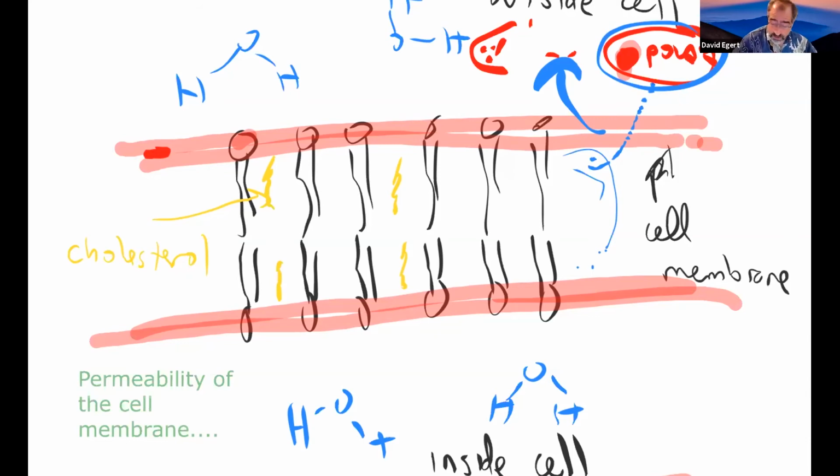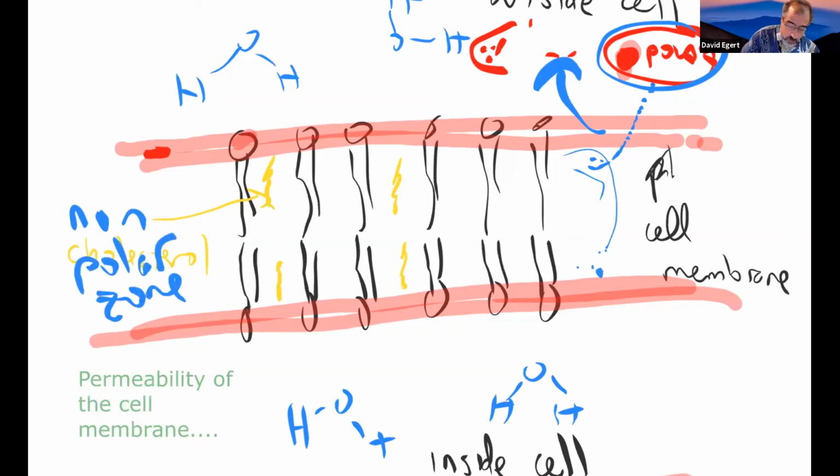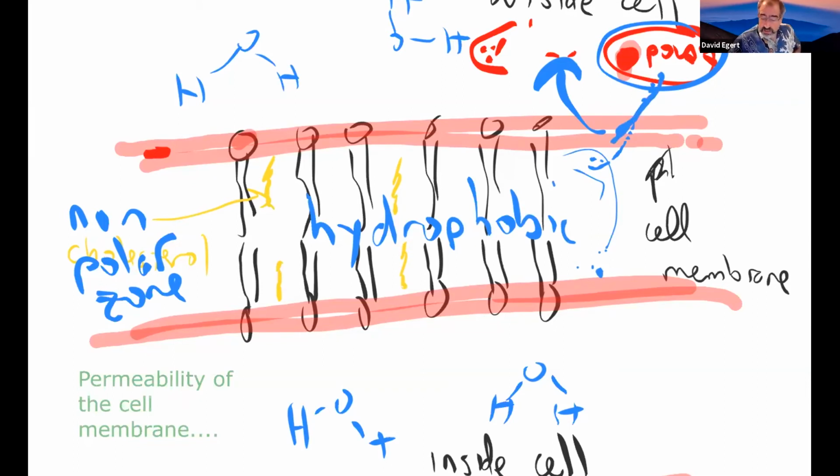When they get up to the membrane, there is this non-polar zone here, this hydrophobic zone. So polar molecules say, again, that is so boring, and hang out and stay with the charged stuff in the polar solvent in the water.